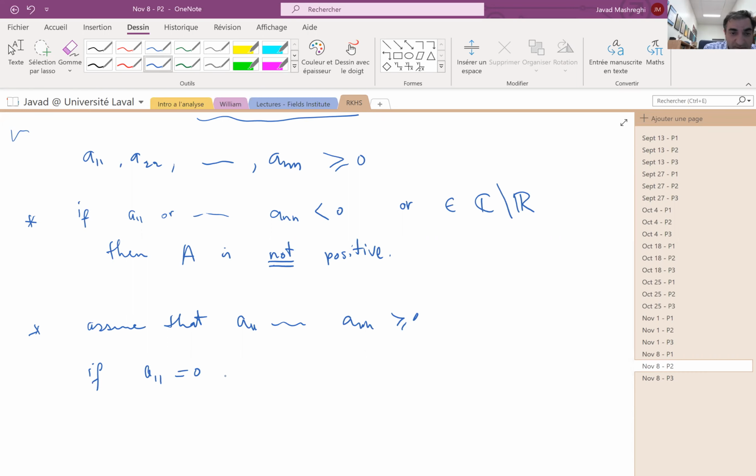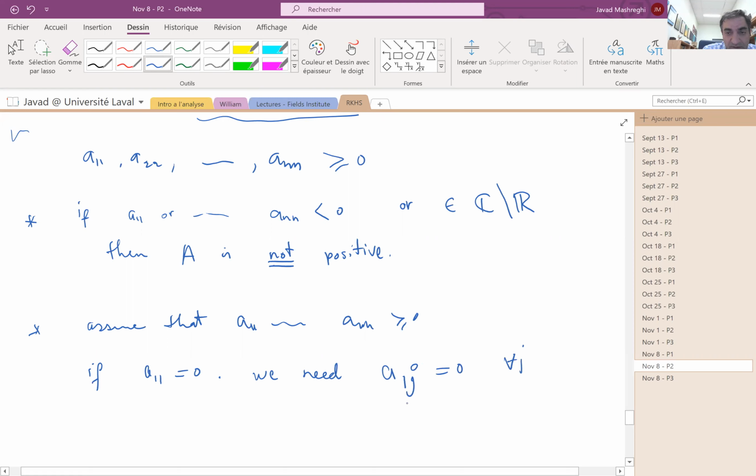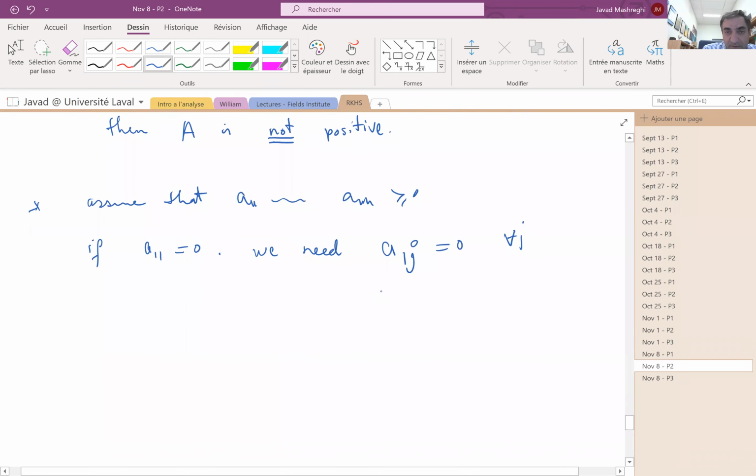So we need the first row A1j to be 0 for all j, and the first column Ai1 to be 0 for all i.